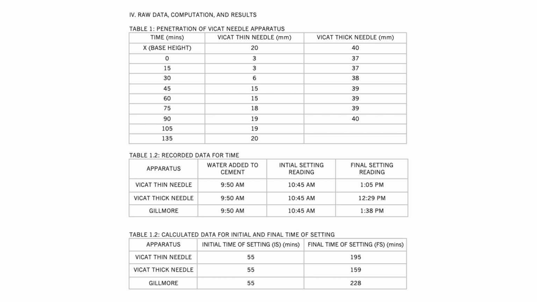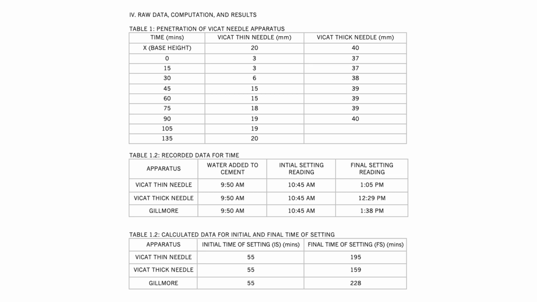Both the thick and the thin specimens tested by the Vicat needle apparatus met the criteria for an initial setting time of 55 minutes. However, only the Vicat thin needle met the standard for a final setting time of 195 minutes, while the thick needle test did not.